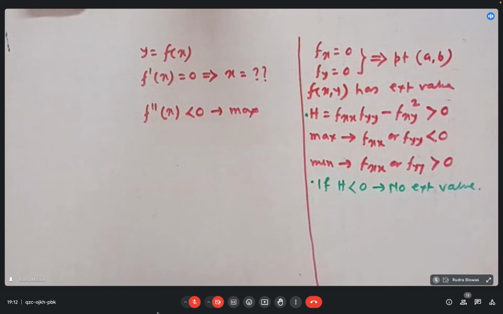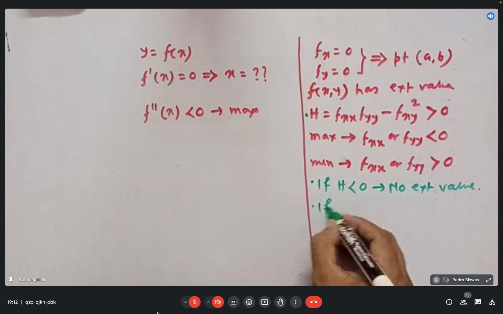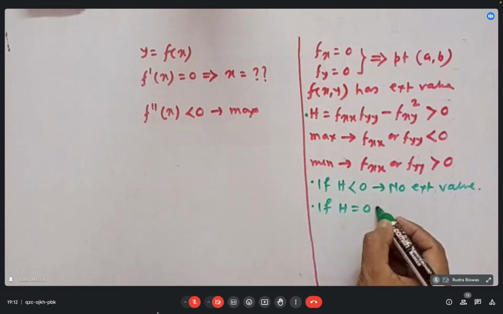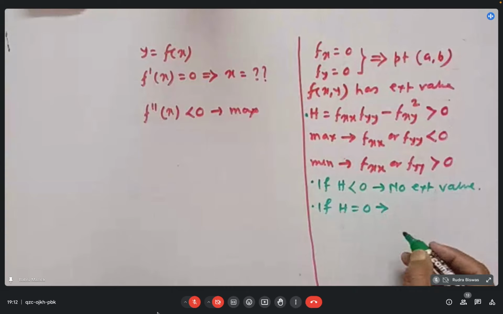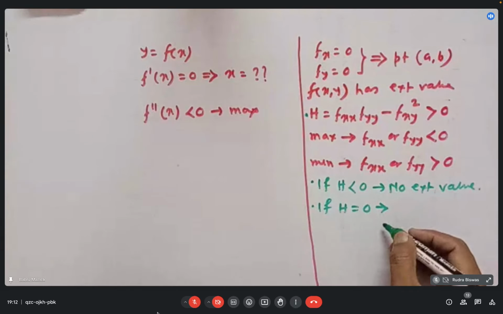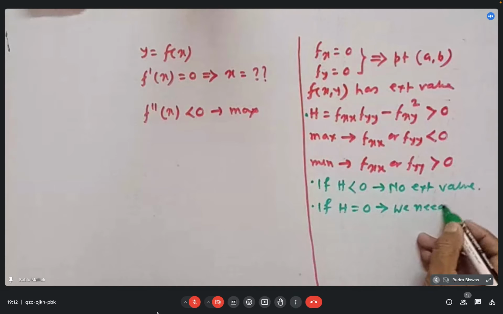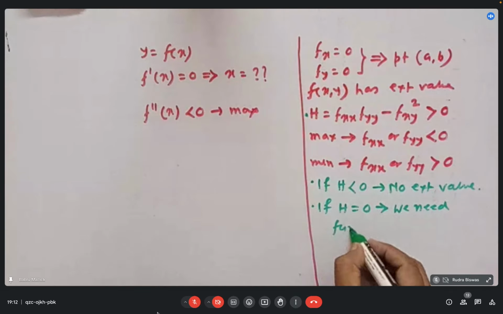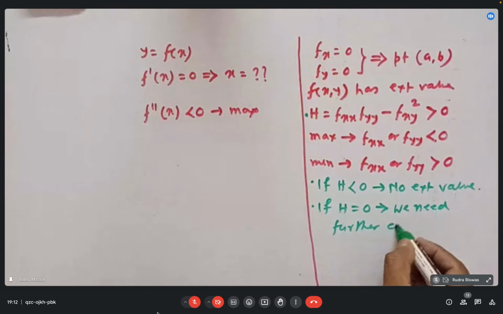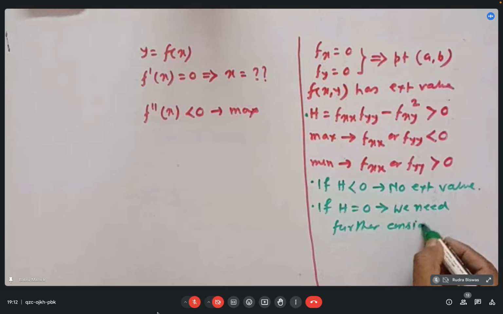And if h is equal to 0, then we need further consideration.